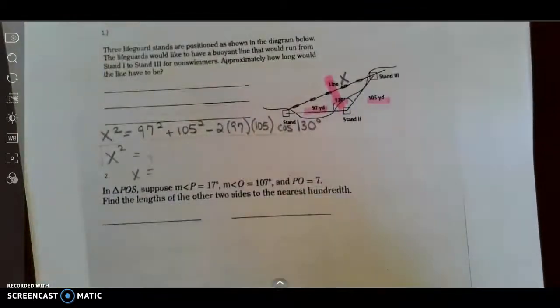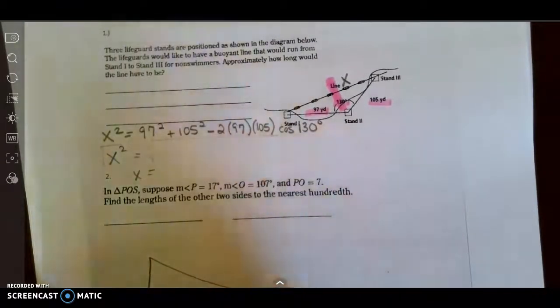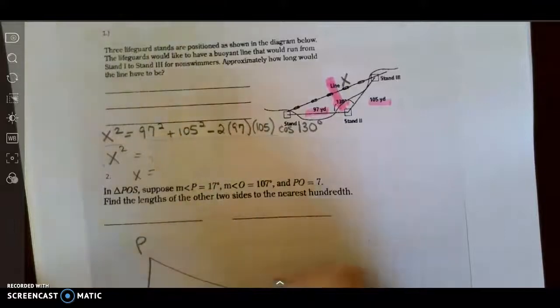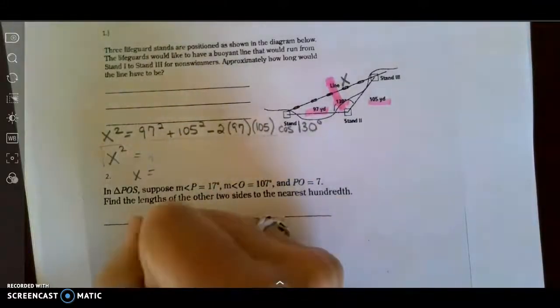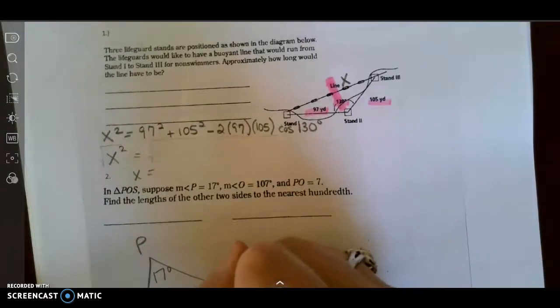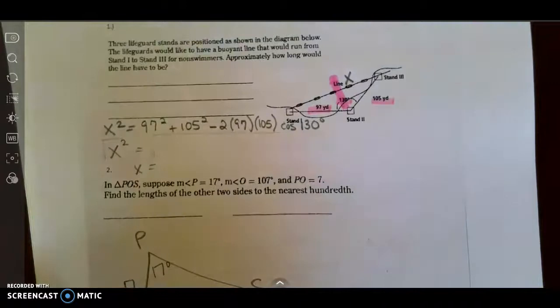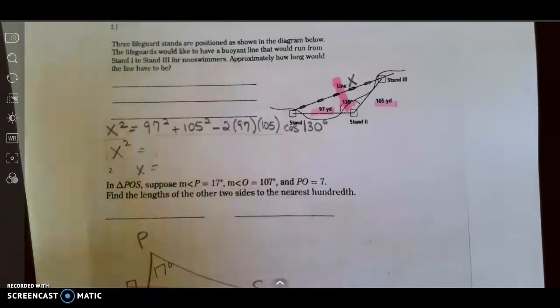All right, and then the last problem here, we have triangle POS. Angle P is 17 degrees, angle O is 107 degrees, and P to O is 7. So I have this, which means I might be able to use law of sines to find the lengths of the other 2 sides.